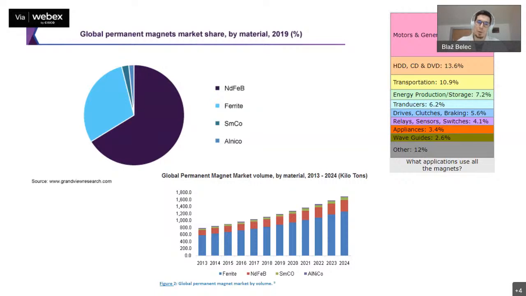So this is also a problem, especially for Europe or America. They are dependent on the market, on the Chinese, to produce and give them those metals.